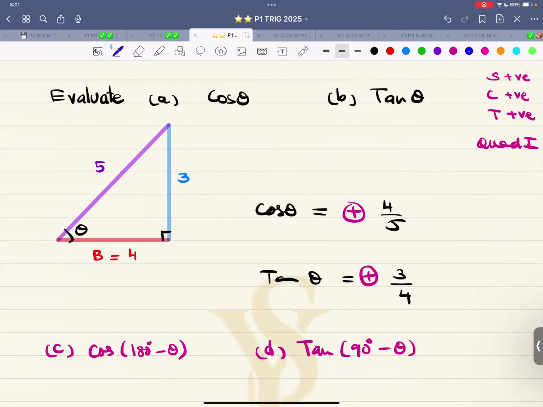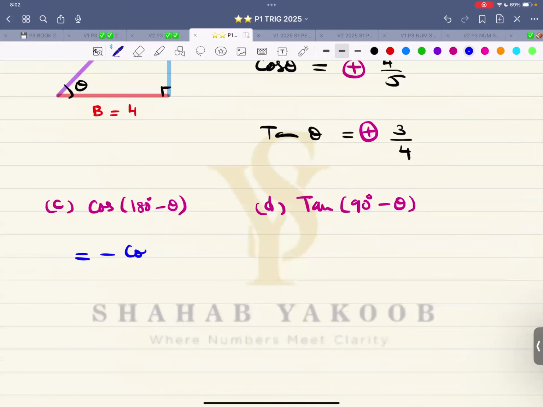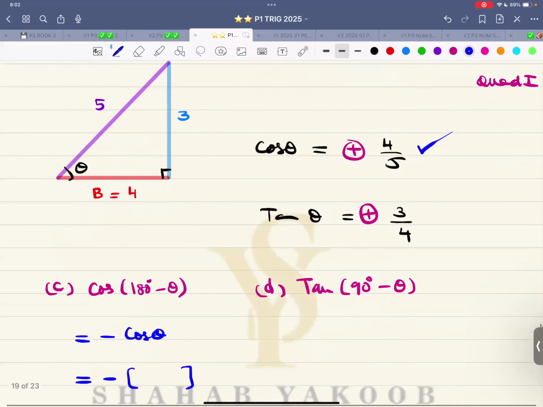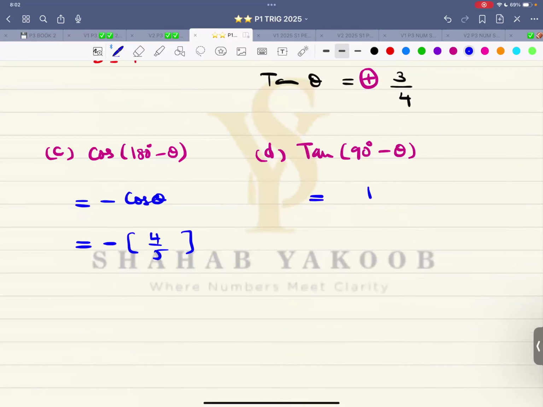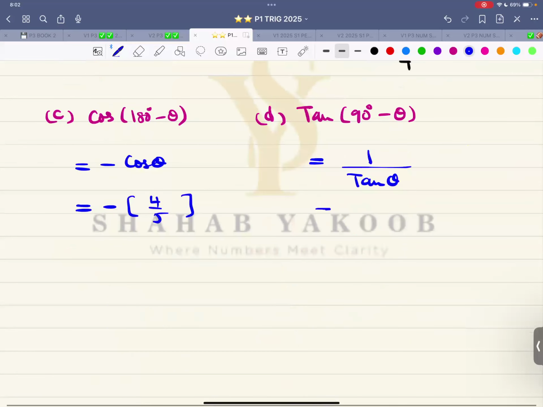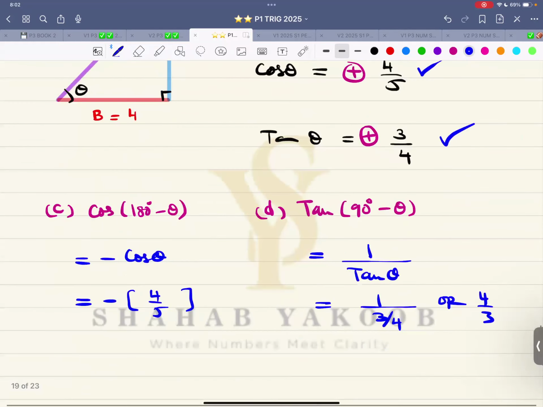That is, cosine of 180 minus theta is negative cosine theta. That is negative. What is cosine theta? Cosine theta is over here. That is 4/5. Tangent of 90 minus theta, that is 1 over tangent of theta. That is 1 divided by 3/4. That comes out to be 4/3. So something like this can be used. No big deal. Very simple.